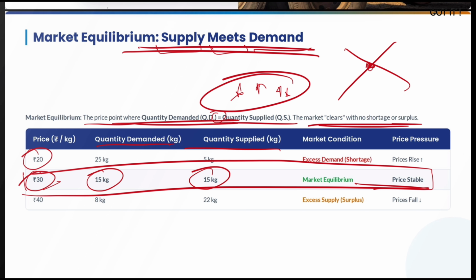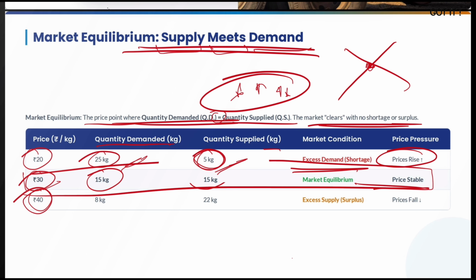For example, if the price is 20, the quantity demanded is 25 and the quantity supplied is only 5 kgs, then the price will increase because there is excess demand, a shortage, scarcity of the product. You only have 5 kgs to give, but people demanded 25, so obviously the price will increase, and the one who is able to pay a higher price will be able to get the product.